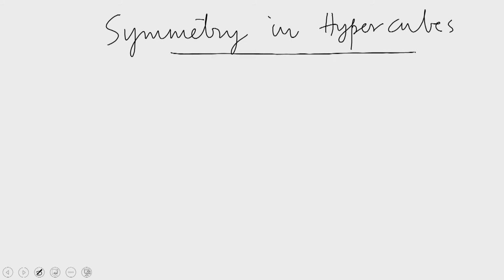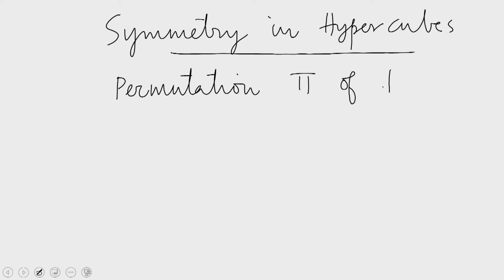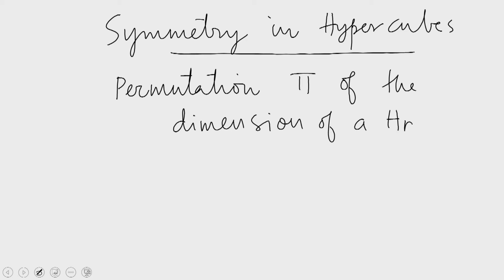Let us say we are given a permutation of the dimensions, not the vertices, the dimensions of a hypercube of r dimensions.